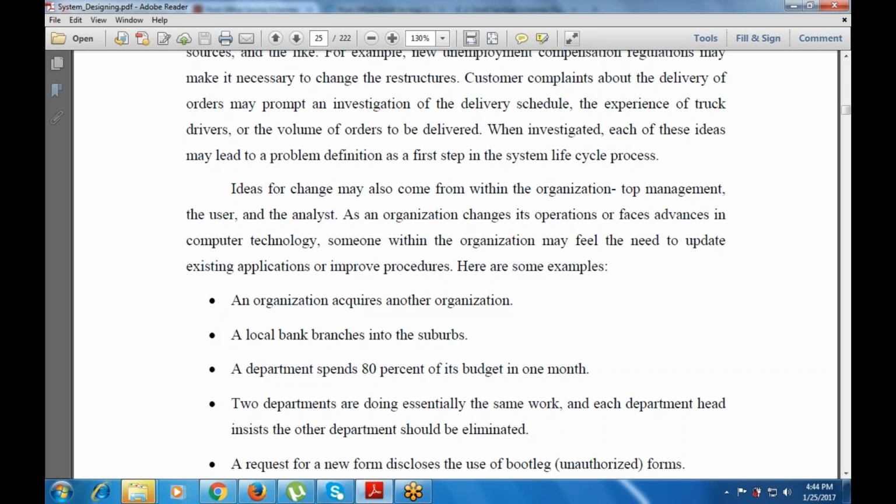Now these are the various examples available here. An organization acquires another organization, a local bank branches into the suburbs, a department spends 80% of its budget.